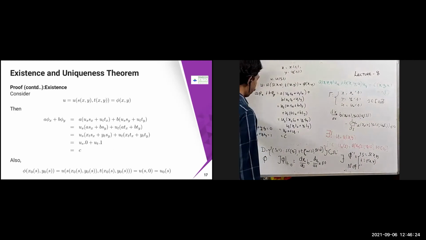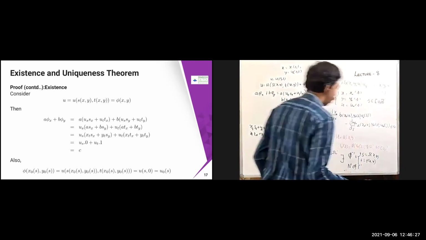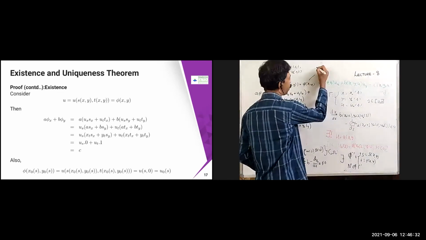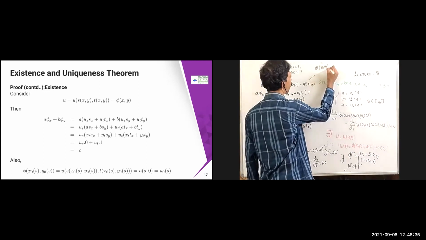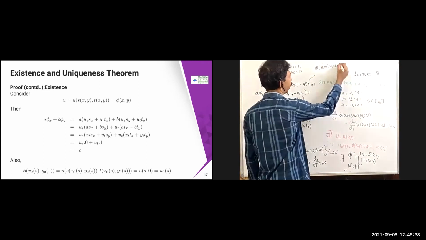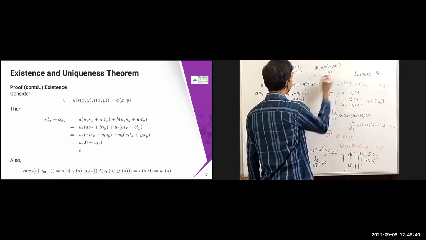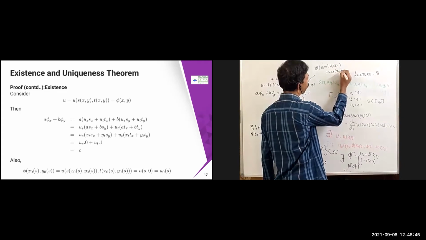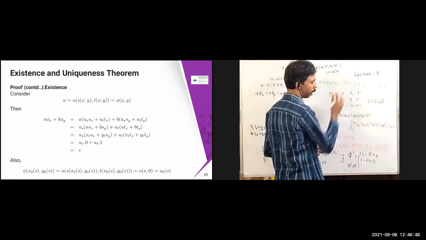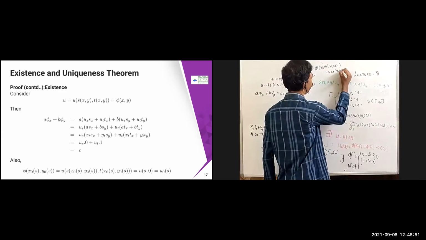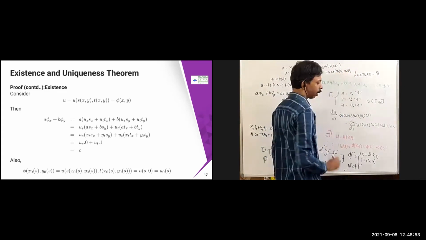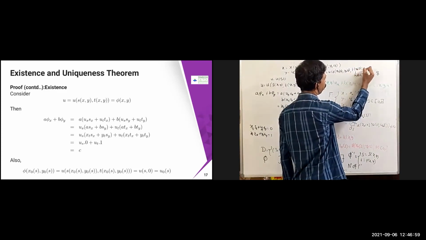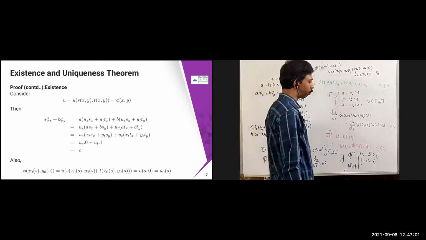Now what else do I have? One more condition is that phi of x(s,t), y(s,t) equals u of s, t. Therefore, from this, phi of x_0(s), y_0(s) is going to be u of s, x_0(s), y_0(s).